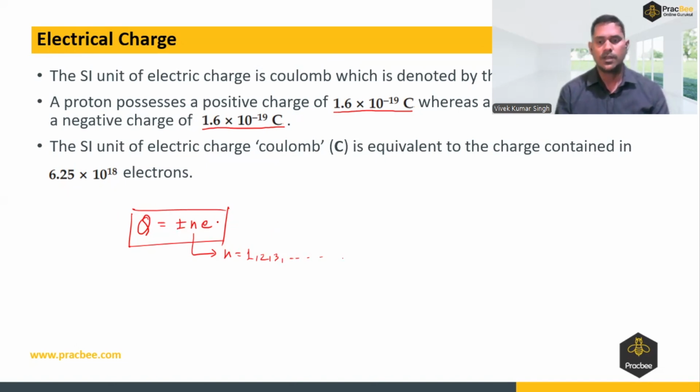It cannot be 1.5, 2.5, because whenever electrons are transferred from one body to another body, it is quantized. So it is transferred in a fixed quantity. Either one electron can be transferred, or two electrons, but 2.5, 3.5, 4.25 cannot be transferred. The charge on an electron is given, and the total charge would be the product of the number of electrons multiplied by the charge on an electron.